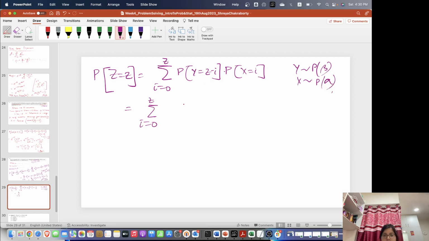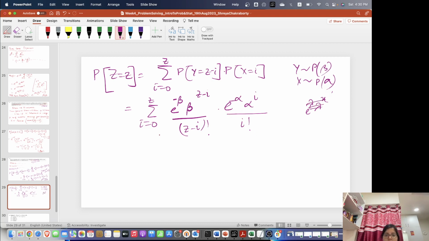So it means we can write it as e to the power minus beta, beta to the power z minus i by z minus i factorial, into e to the power minus alpha, alpha to the power i by i factorial. This is the form lambda to the power x e to the power minus lambda.